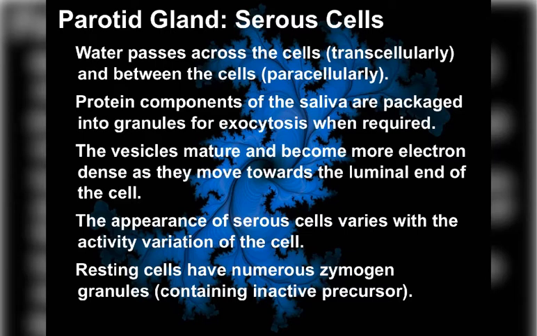Resting cells retaining their filled granules stain darker because they have numerous zymogen granules containing an active precursor. When they empty their secretion, they appear lighter.